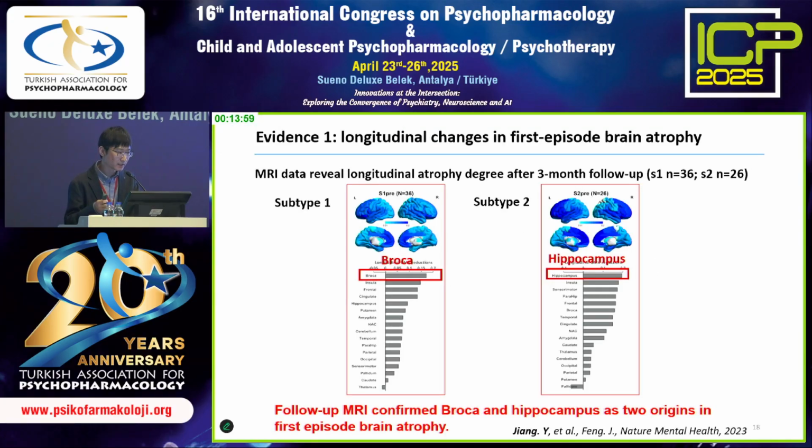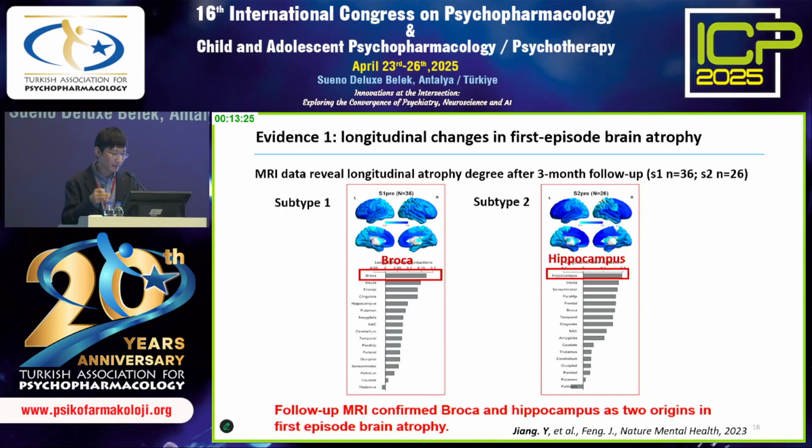The first evidence is from longitudinal data. We selected longitudinal data from some first-episode patients. Those patients have two MRI scans, at baseline and at 3 months follow-up. So it's a very short interval. But in this data, we found subtype 1 had the greatest gray matter reduction in Broca's area at the follow-up.